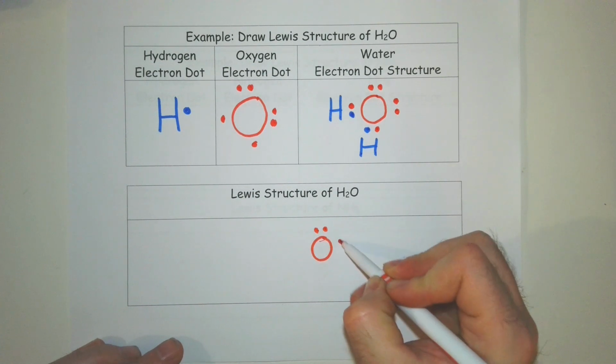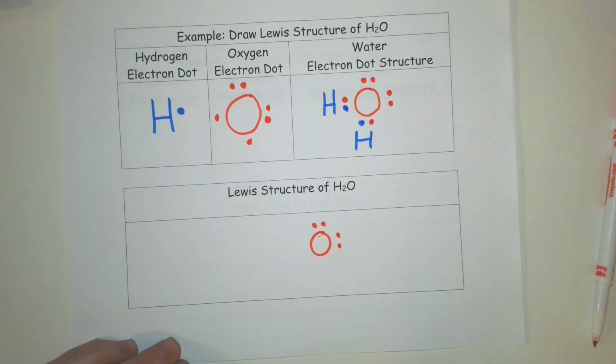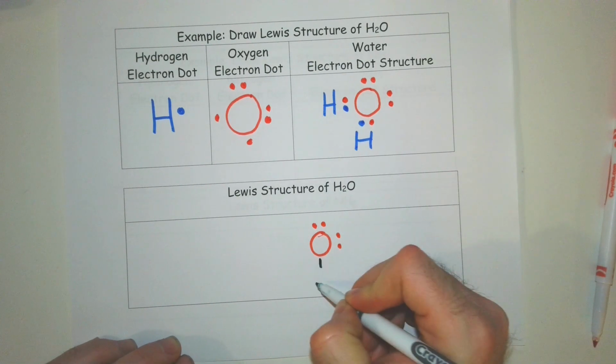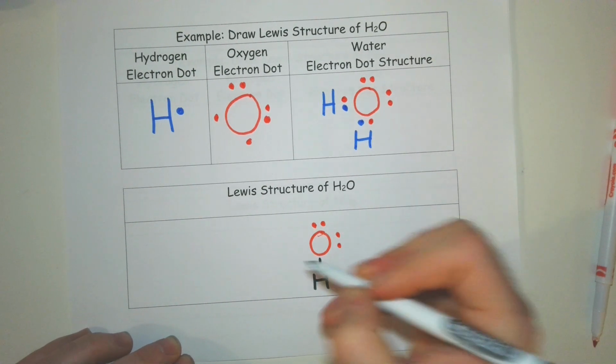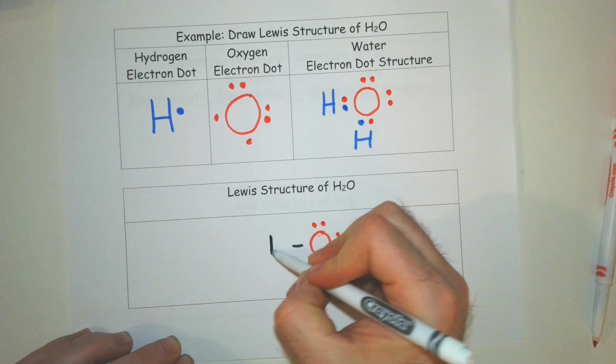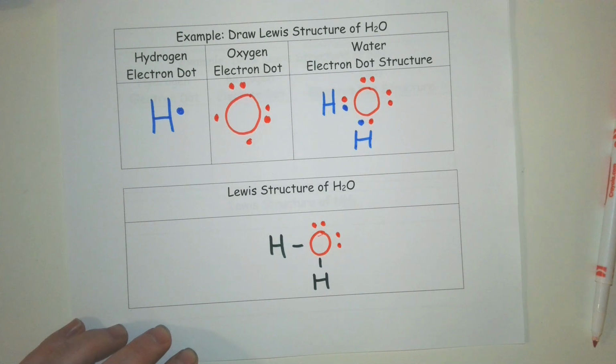So here are my electrons for my oxygen that are not participating in bonds. Well, I didn't use blue like that, but it'll be okay. We'll just use black. All right, and so right here we have hydrogen bonded with oxygen 2 times. So let's double check to make sure, since this one's a little more complicated, that we have enough electrons.